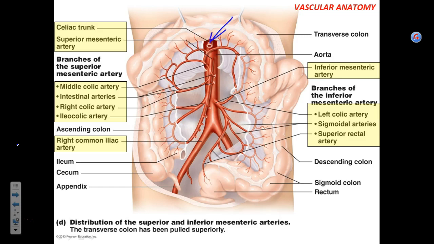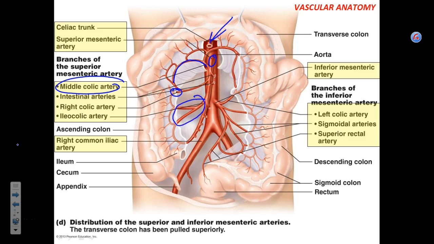So same celiac trunk to orient yourself on the anatomy exam. And here you have superior mesenteric that starts to branch a lot. And when you look at it, like this one, middle colic supplies colon, right? Right colic here, right side of the colon.